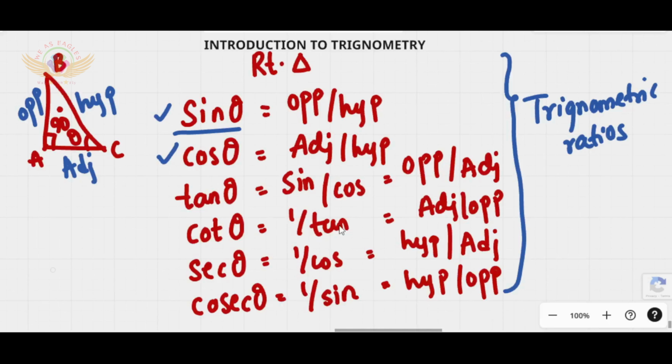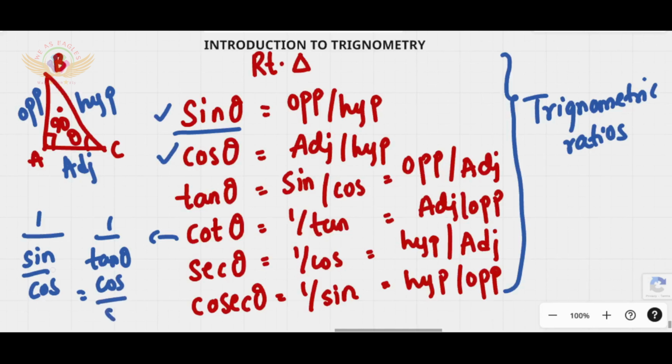So take 5 minutes to remember the terms and the relationship between them. Tan has a relation of sine and cos. Cot also has a relation of sine and cos. How can you say that? Because cot is nothing but 1 by tan, which is 1 by sine by cos, so automatically we get cos by sine.